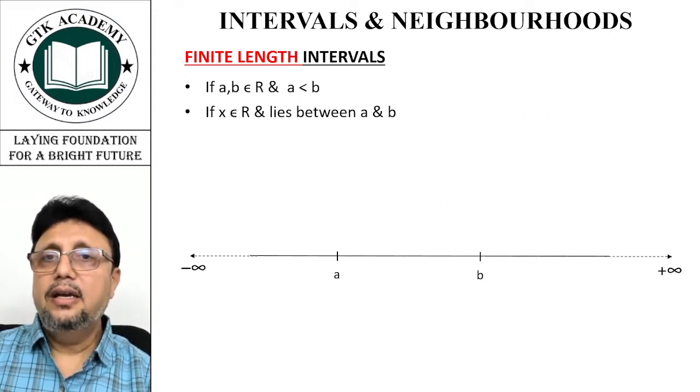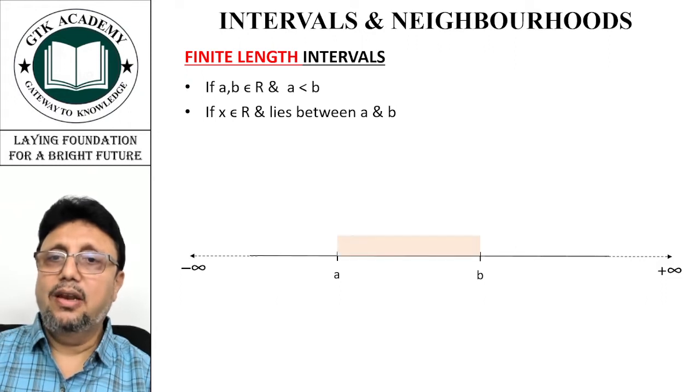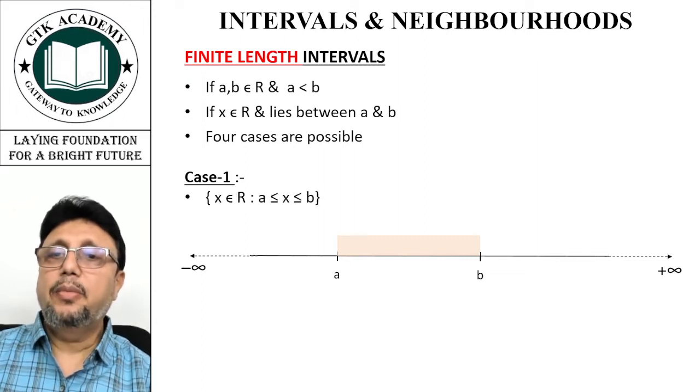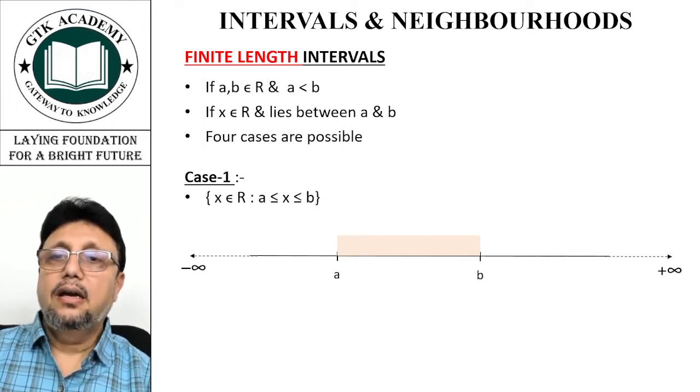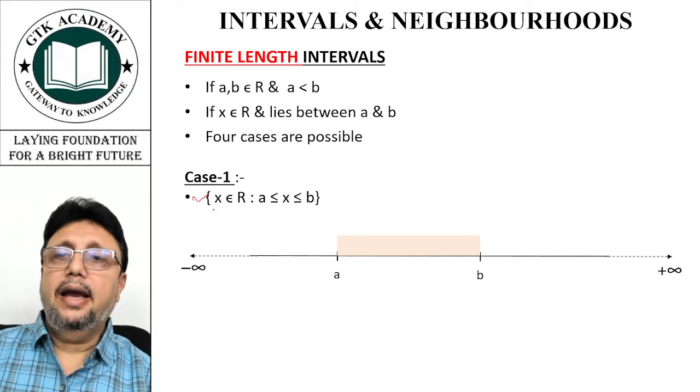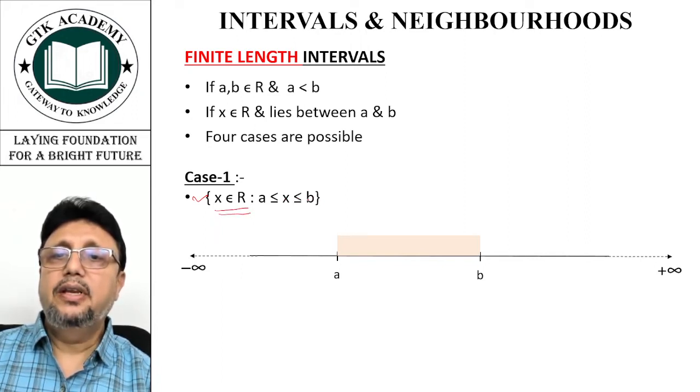Now how do we denote this interval? We can denote it by this method, and there can be four cases. One is x belongs to real numbers and x lies between a and b, and in this case x is greater than or equal to a, less than or equal to b.